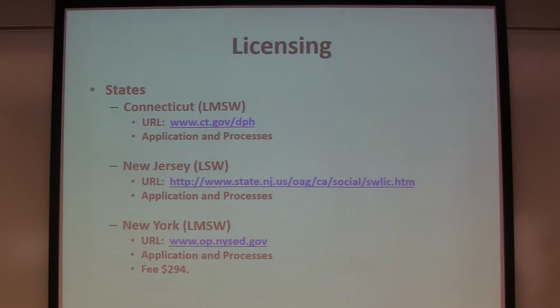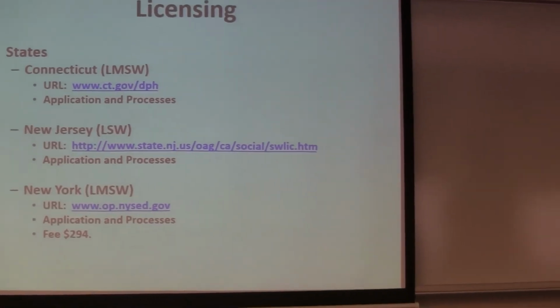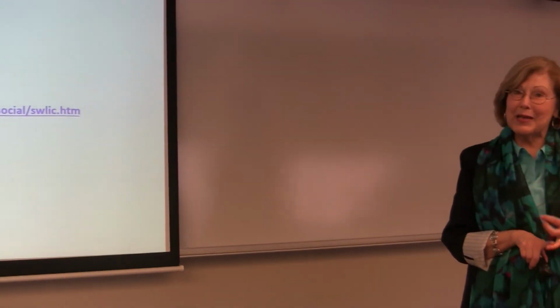In New Jersey, that is their website, but you can sit for the exam in your final semester of school. If you have met all core requirements, they will allow you to sit for the exam. However, you don't get the license until you get the diploma. So many students do decide to do that.